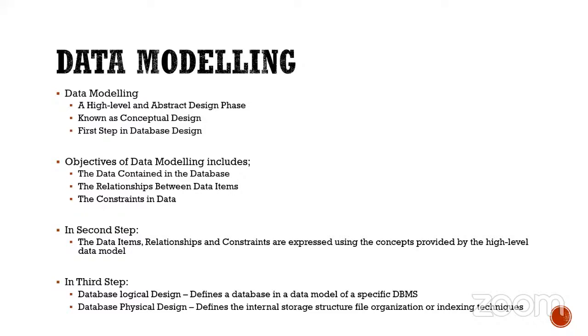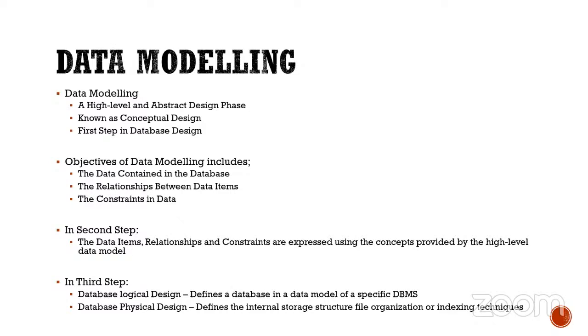Remember the ER diagram. Since you know your data content, the relationships among the data content, and the constraints, how can you present it in a layman format? Using a conceptual diagram or the ER diagram, that's the second step.